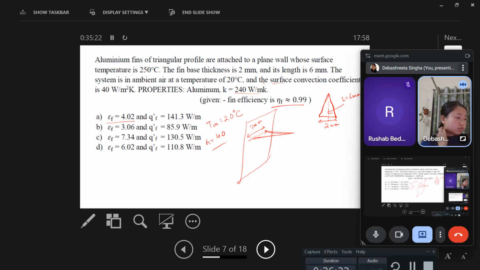The question is not complete. They have given the efficiency, and you have to find out the effectiveness, and also find out the Q fin. So just find out what is the effectiveness and what is Q fin. So how to proceed with this?